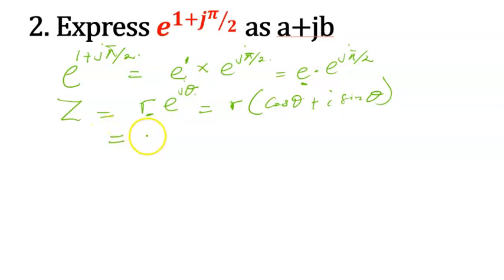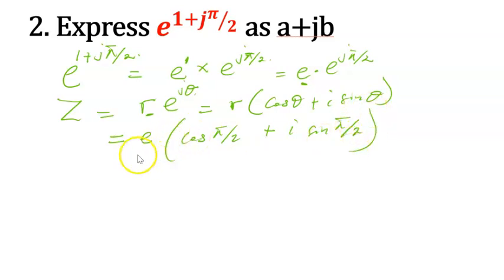So this becomes e into cos pi over 2 plus i sine pi over 2. That is the same as e into, in brackets, cos 90 plus i sine 90.